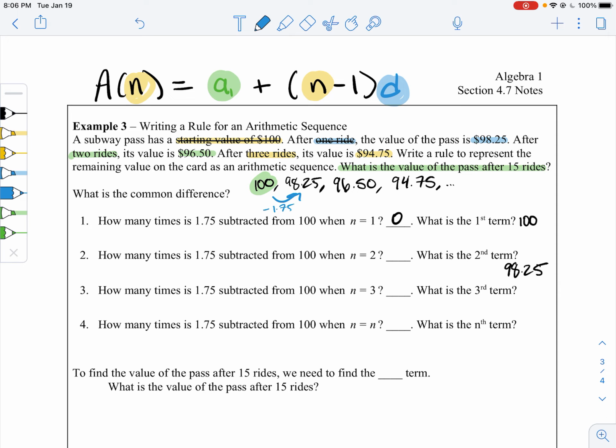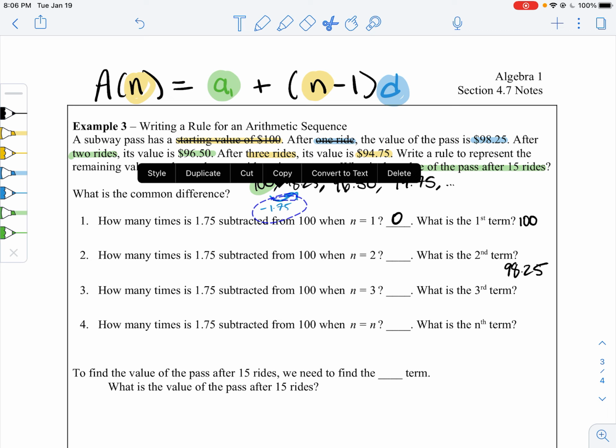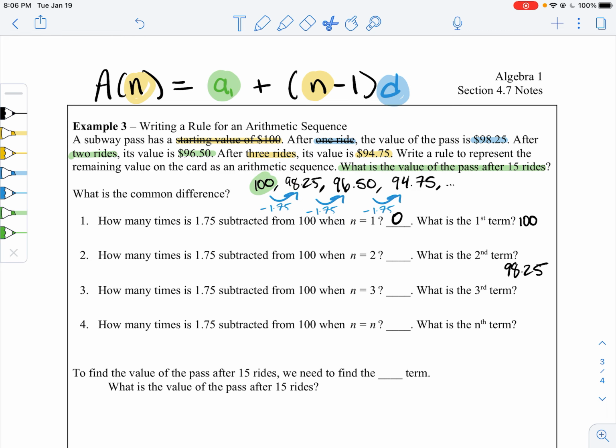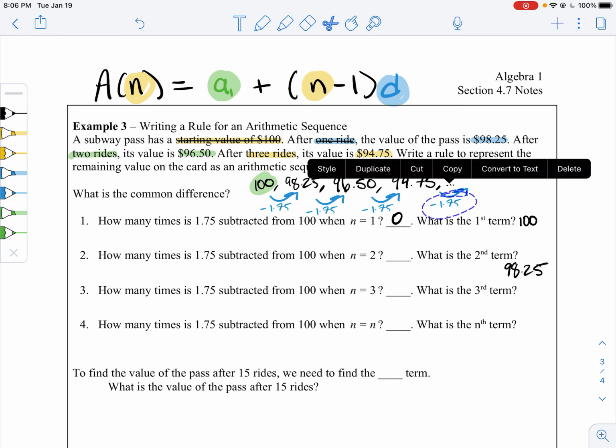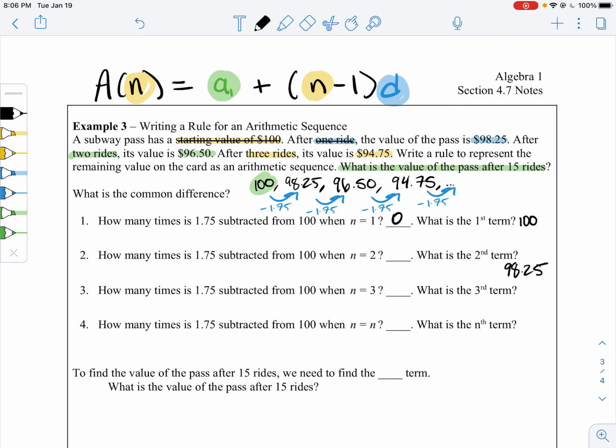Minus 1.75, minus 1.75, minus 1.75, etc. So we subtract once, we get 98.25. We subtract another time, we get 96.50. So for the nth term, we need to subtract n minus 1 times. And that's where this n minus 1 comes from. It's because we're subtracting 1.75 that many times. That's a fun connection. So what's the nth term?